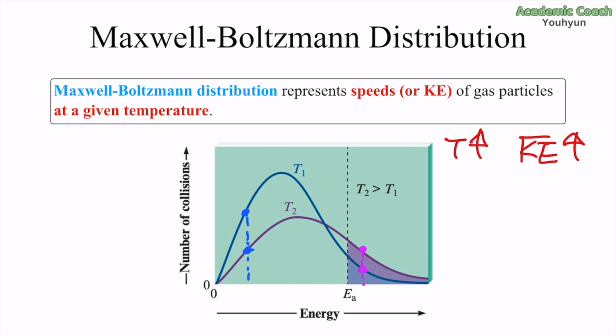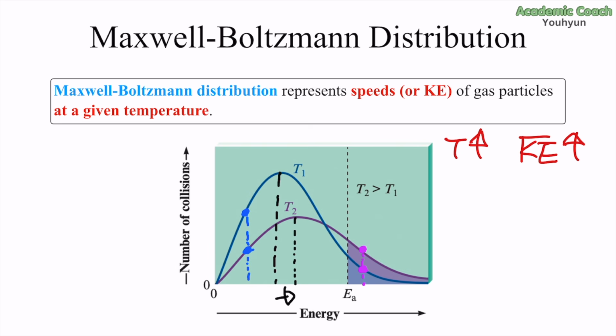So when temperature increases, how this distribution curve changes would be, first off, its peak will be smaller. Its peak will get lower. T1's peak is right here. T2's peak is here. The peak gets lower. Number two is the energy level corresponding to the peak shifts towards the right because average kinetic energy increases.